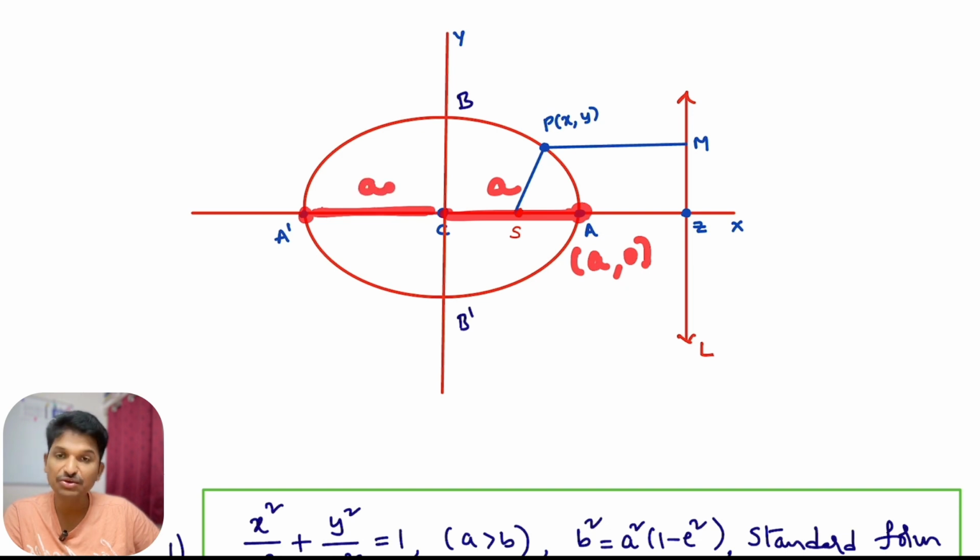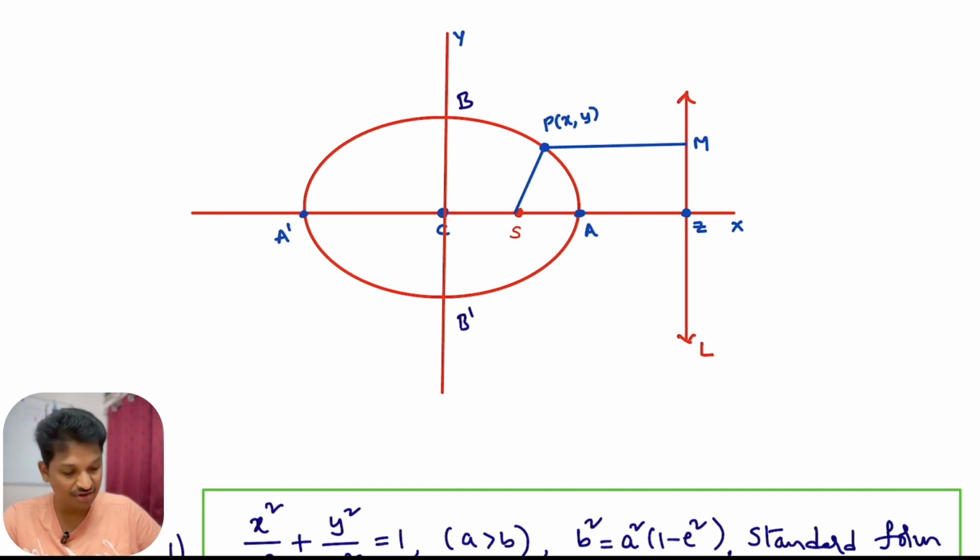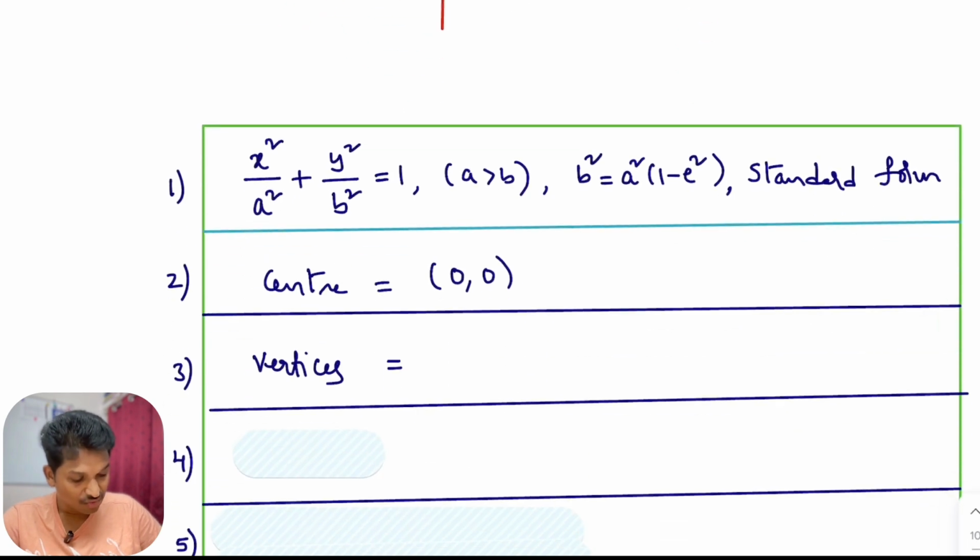This length is also a because C is the midpoint of AA dash, which we learned in the derivation. Another vertex is A dash, and that A dash is minus a comma 0. So in standard form of ellipse, the vertices are plus or minus a comma 0. We'll write that.